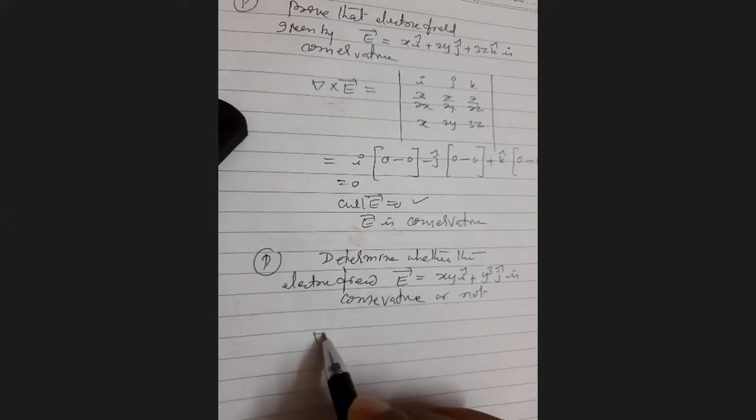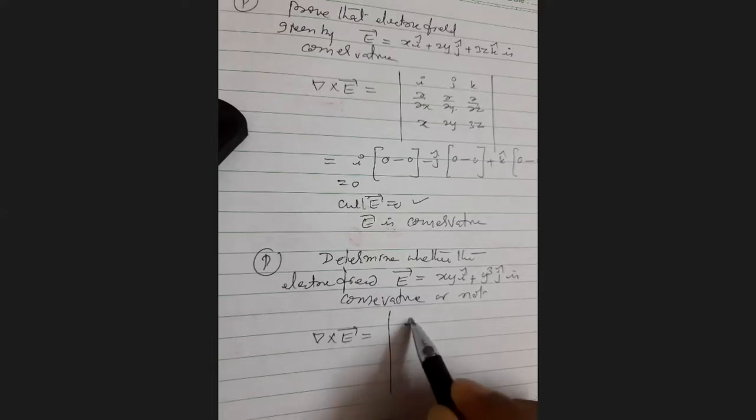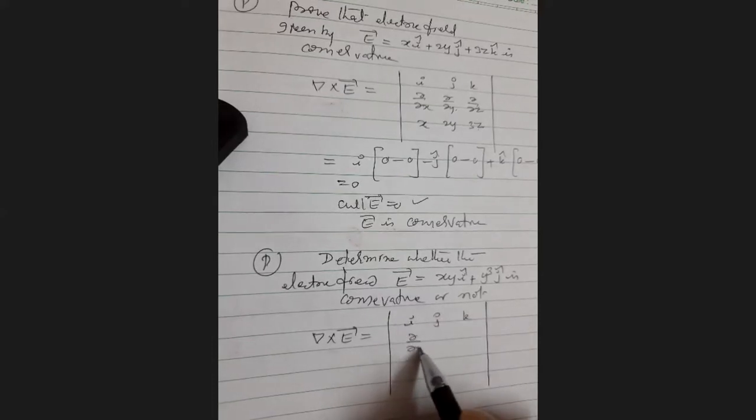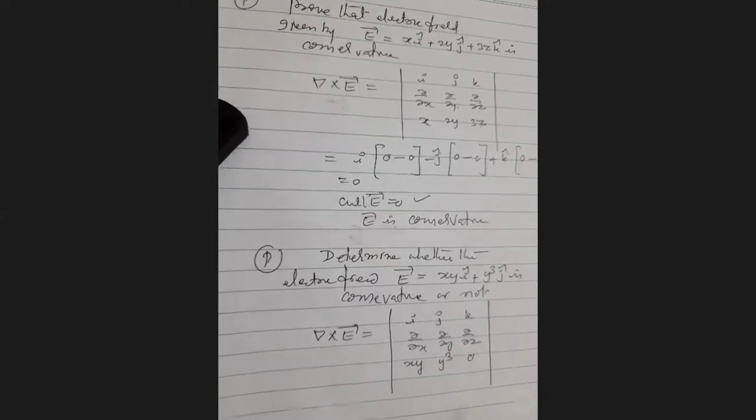So you consider the curl of that vector, del bar cross E bar, and calculate the curl value: i j k, dou by dou x, dou by dou y, dou by dou z. The x component is xy, the y component is y cubed, the z component is 0.